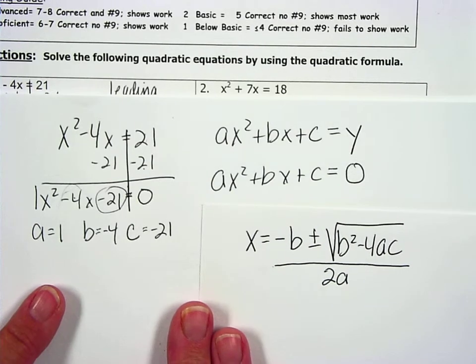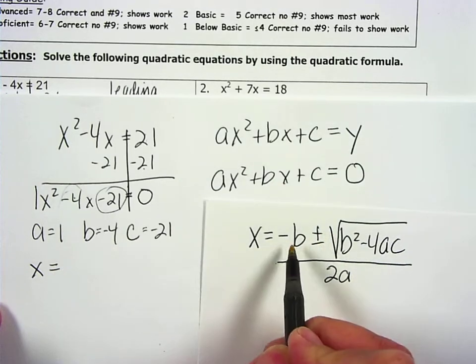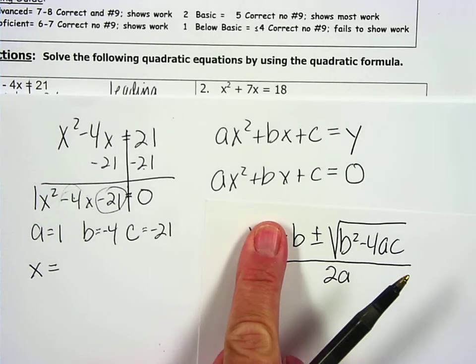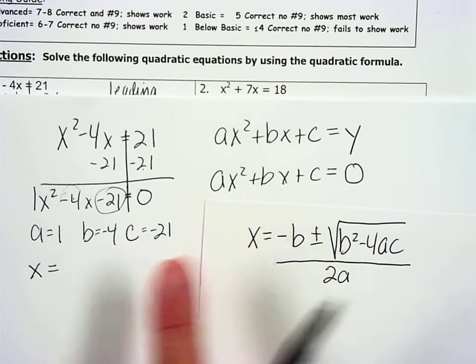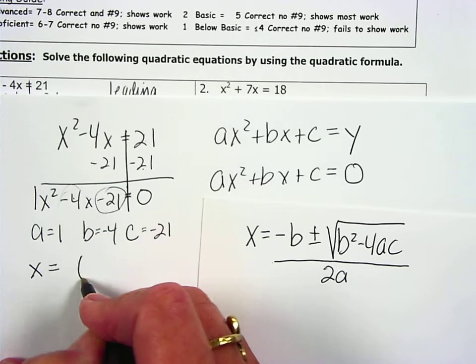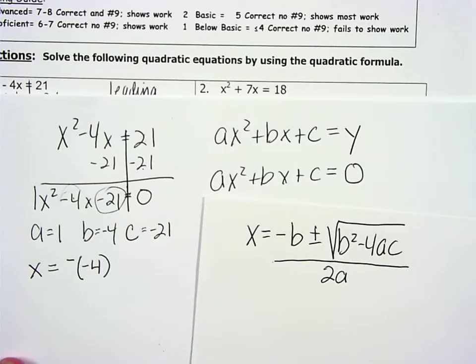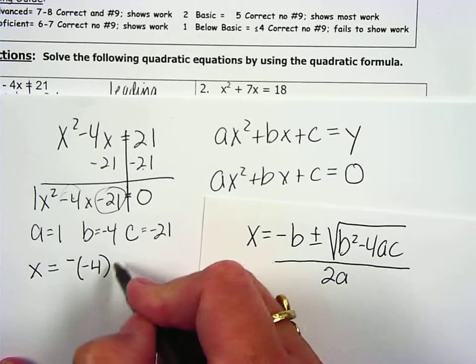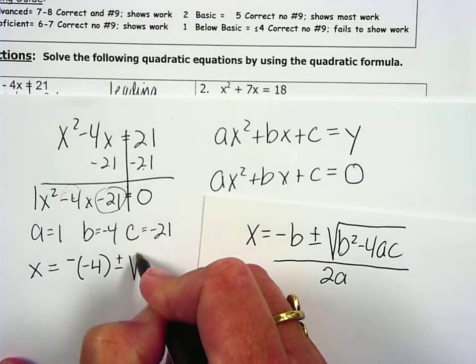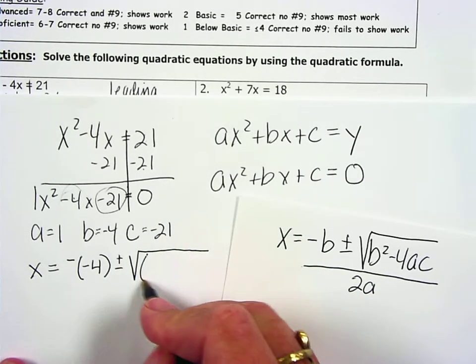So I'm going to plug my values in. So x equals negative b. That means whatever b is, we have to make it negative. Well, if you'll notice, b is already negative 4. So we're going to take b, which is negative 4, and we're going to make it more negative. Negative b plus or minus square root b squared, our b value is negative 4.